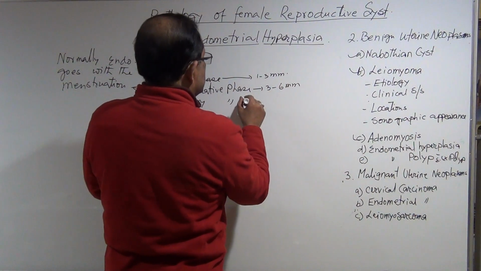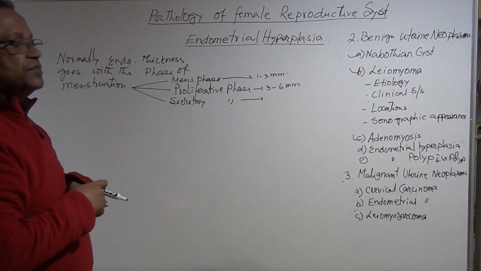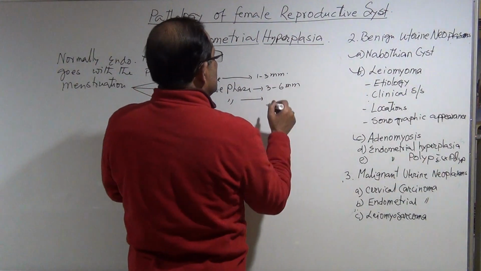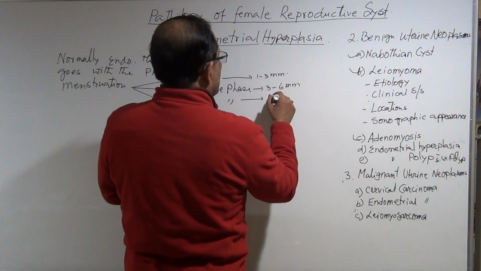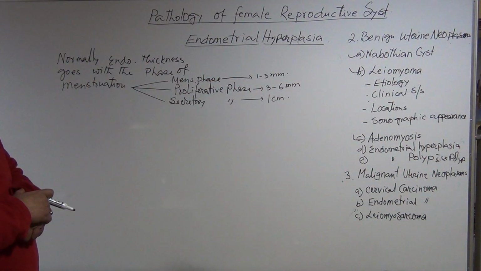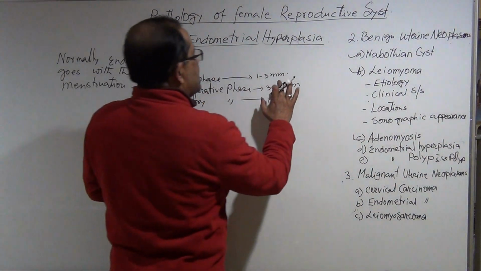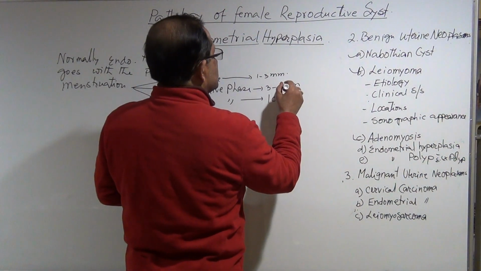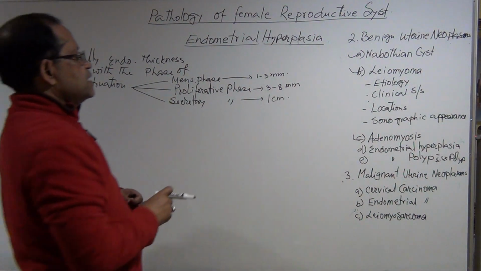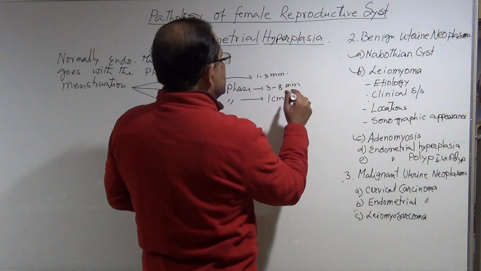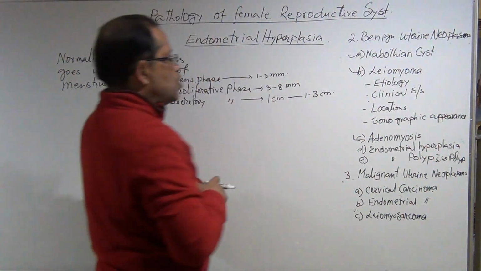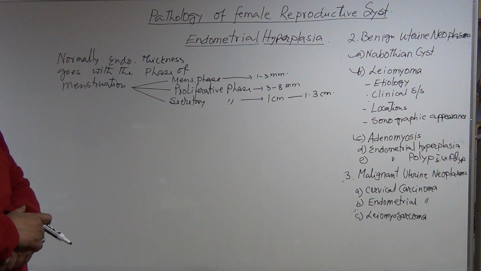And secretory phase, I'm going to say include the ovulation time. So usually it is 1 centimeter. Okay, so proliferative phase I'm going to say up to 8 millimeter. Take it. Secretory phase I found from 1 centimeter to 1.3 centimeter. It's normal.